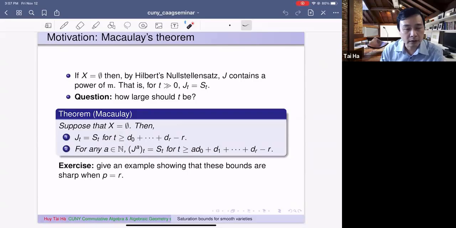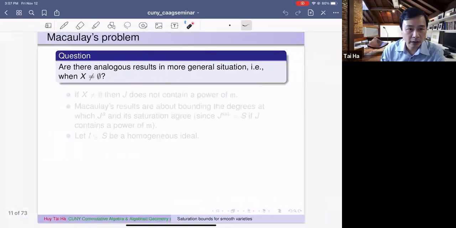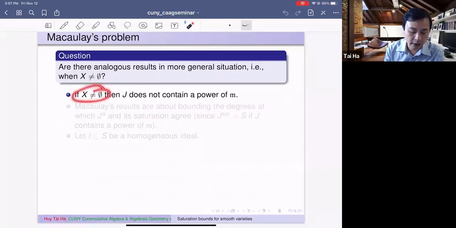So going from this theorem of Macaulay, the natural question is what happens when the variety that we start with is non-empty? Are there any similar bounds in the general situation? Now, of course, in the general situation, when X is non-empty, we don't expect J to contain any power of M or to be M-primary.